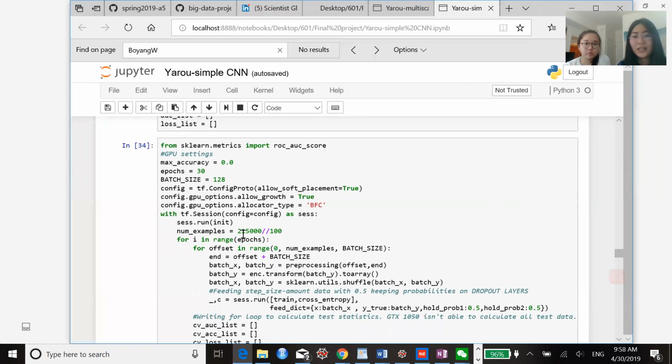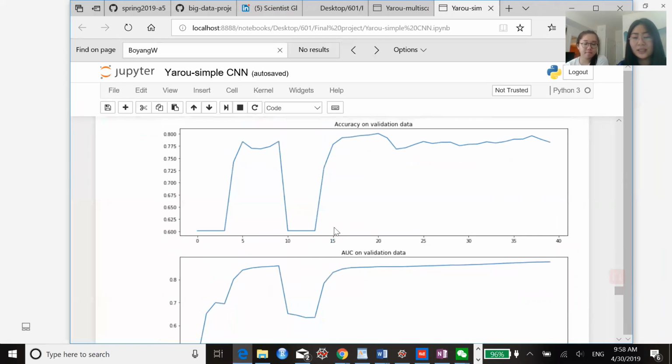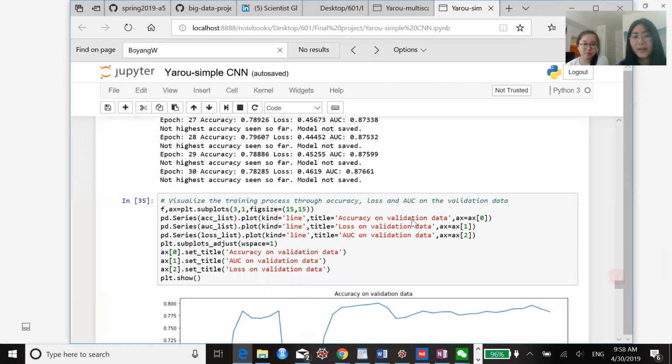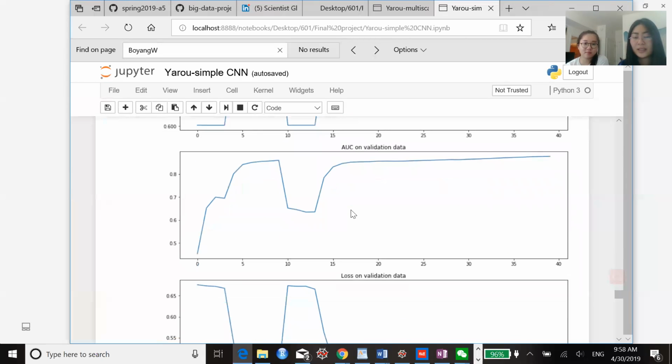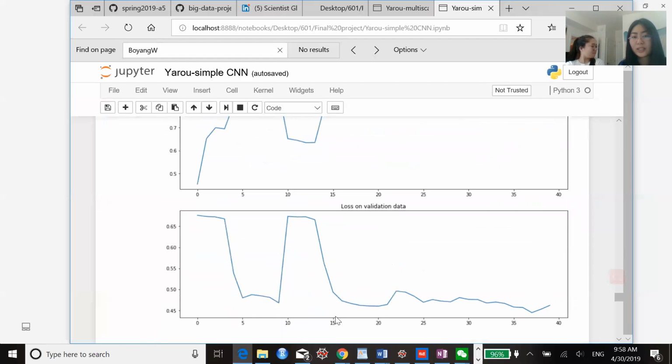So we only use about 2,115 samples here, and we can find that using the simple CNN model, it starts to converge at epoch 15. The final accuracy is about 78%. And here is the area under the curve. Here is the loss function, and it also starts to converge at epoch 15.